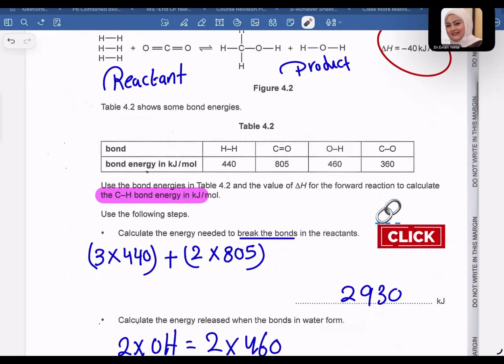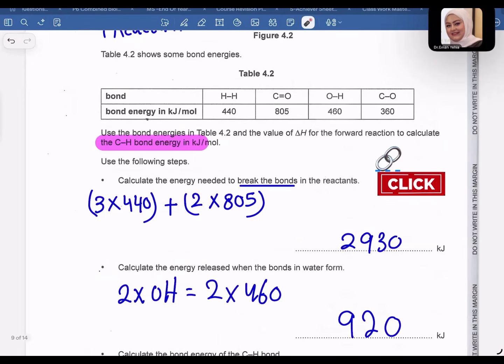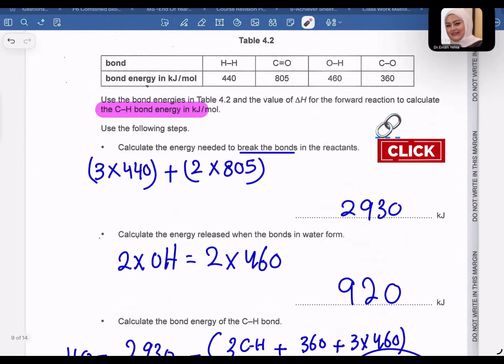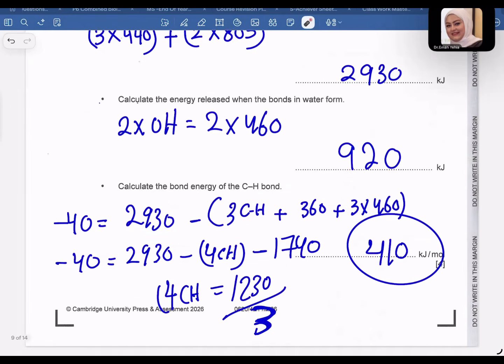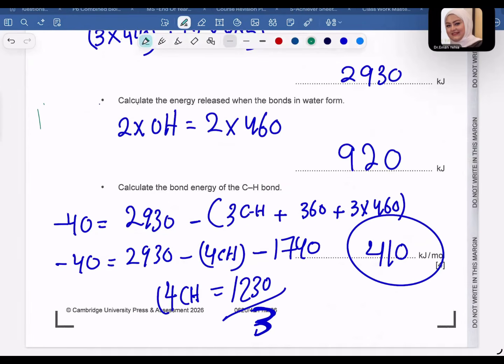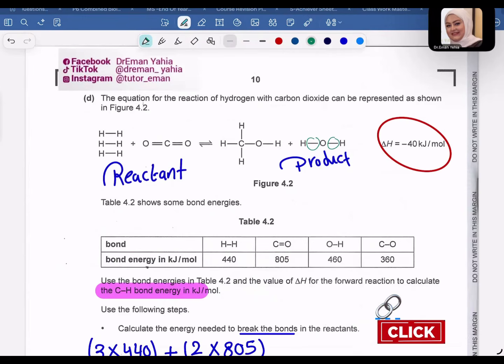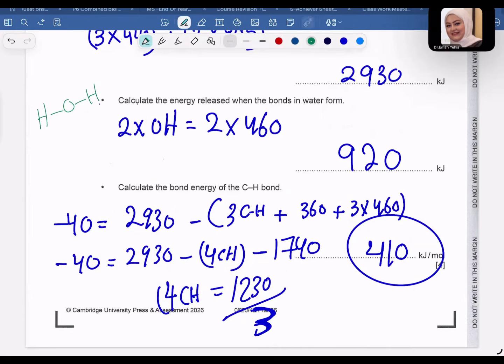And usually the bonds in water, H2O, so HH. And then how many OH in the equation? 1, 2. So 2 multiplied by the value of OH. Then calculate the bond energy of CH. By the way, delta H is bonds broken minus bonds formed, reactant minus product.